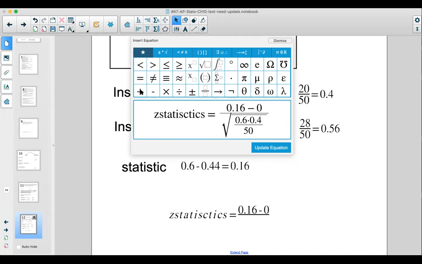Adding, you have to add, right? Because it's a difference, you have to add the standard errors. The same thing: 0.44 times 0.56 divided by 50.